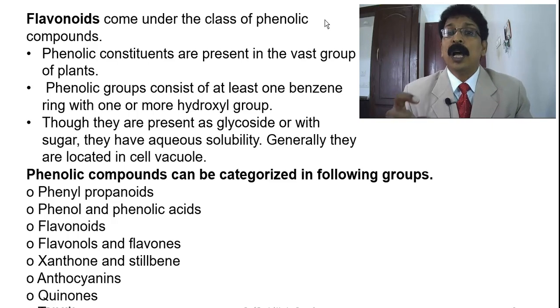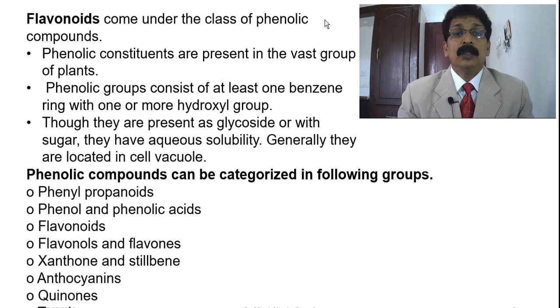So you should have an idea: there should be one benzene ring with a minimum of one OH group, or more OH groups can be present. Though they are present as glycosides, with sugar, they have aqueous solubility. Generally they are located in cell vacuoles.